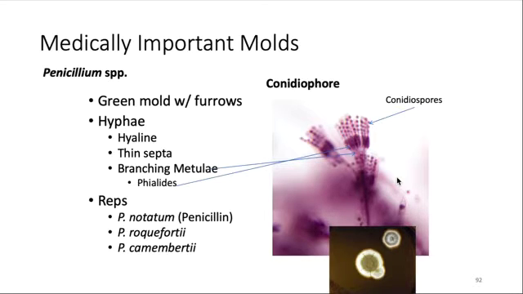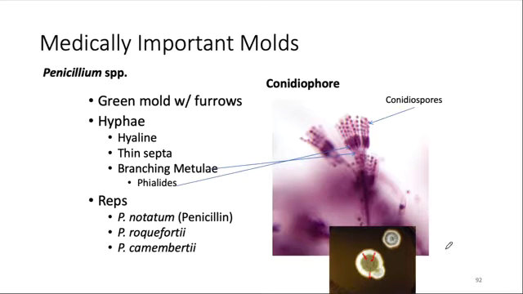For Penicillium, a very important fungi in terms of the benefits that we get from it, it produces green molds with furrows in them. So you can see the green molds down here, but you can see that there are these lines that run across it. So these are the furrows. So green molds with furrows in them.